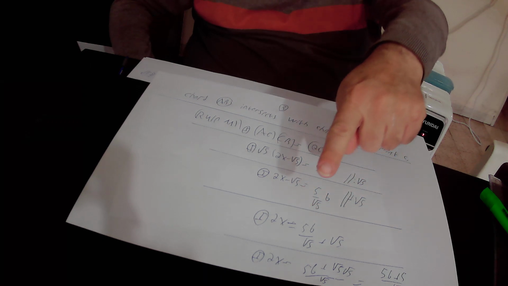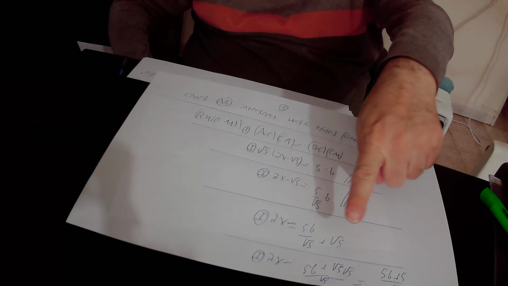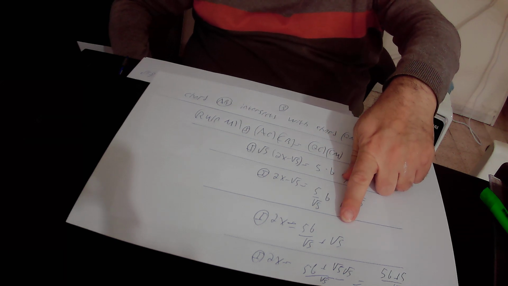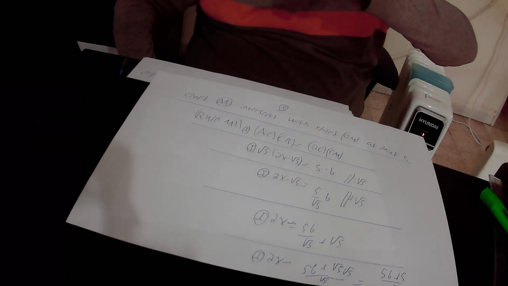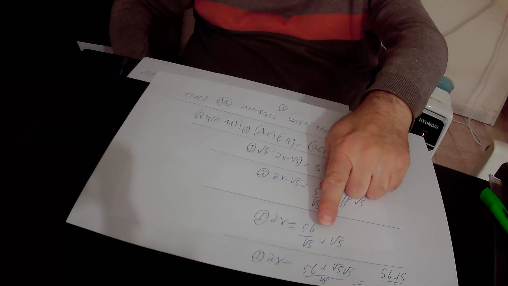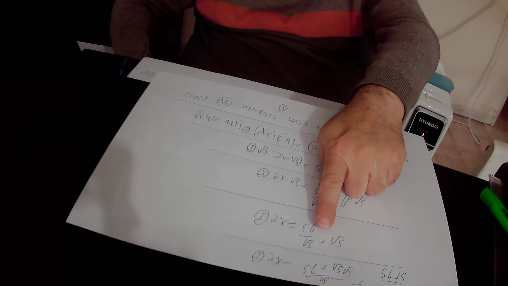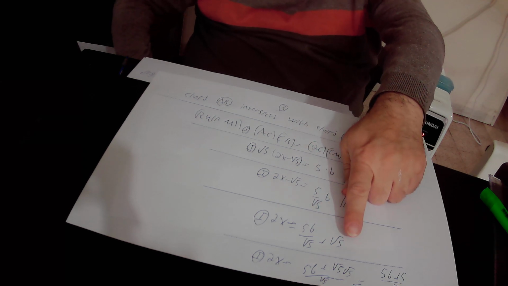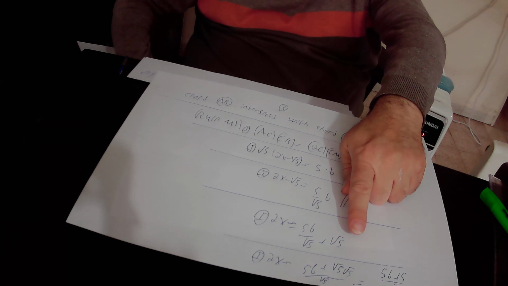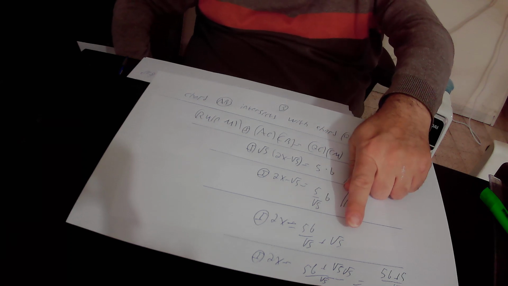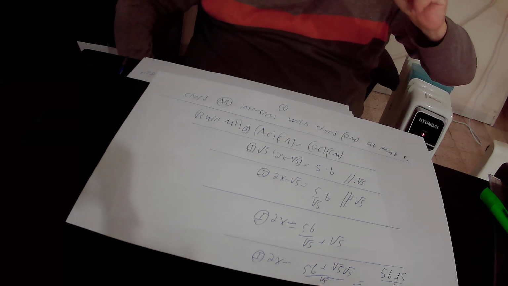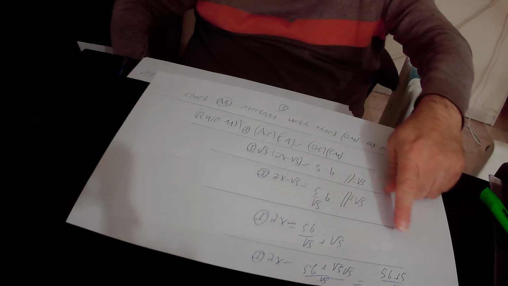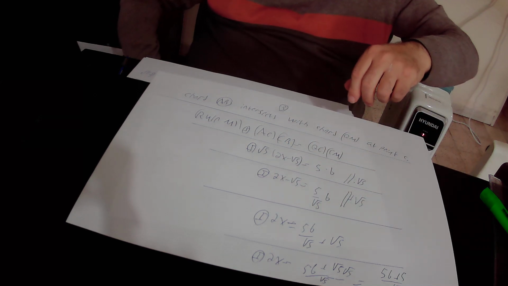So here the numerator is 5b plus square root of 5 times square root of 5, which is 5. So in total, in the numerator, we have 5b plus 5 over square root of 5. In conclusion, we found that 2x equals 5b plus 5 over square root of 5.